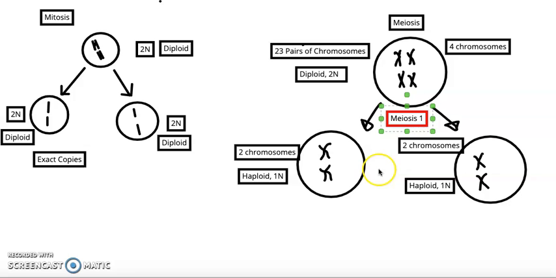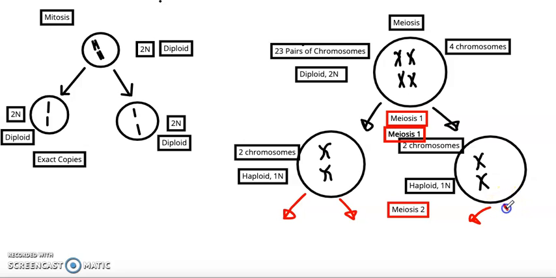Okay? And then we're going to now do meiosis 2. And so the results of meiosis 2 are essentially exactly what ends up happening in mitosis. Meiosis 2 looks basically exactly the same as mitosis.